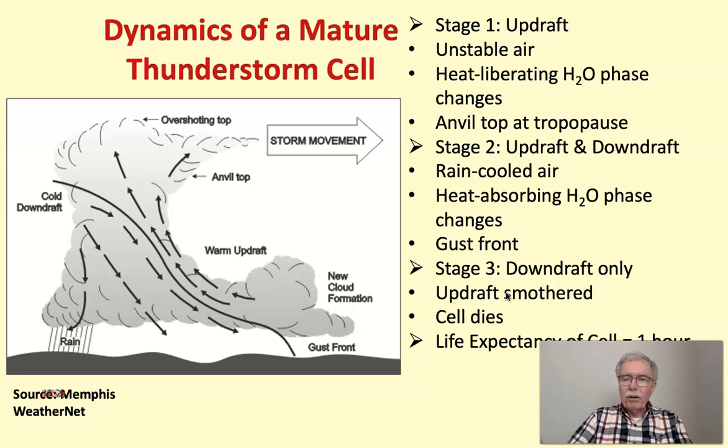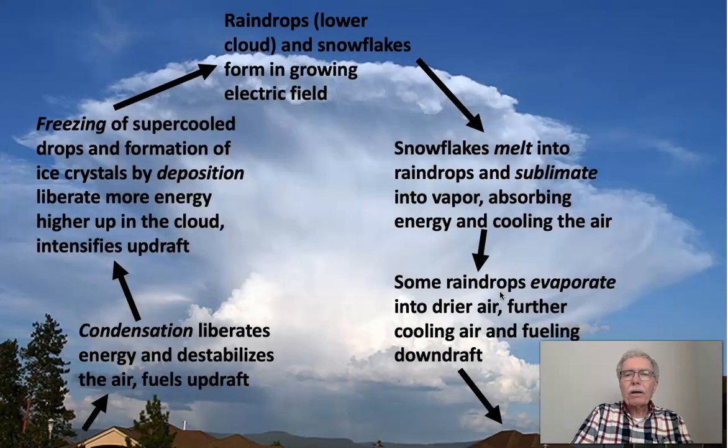Some of them are going and some of them are growing. And so what looks to be one line is really a series of cells that are coming and going. Here's another illustration of the energy changes that go on through the phase changes of water substance, and I'll leave that to you to look at.